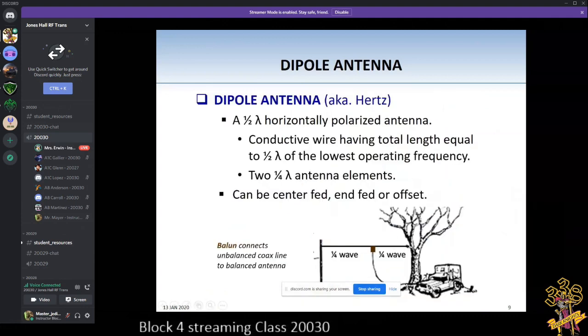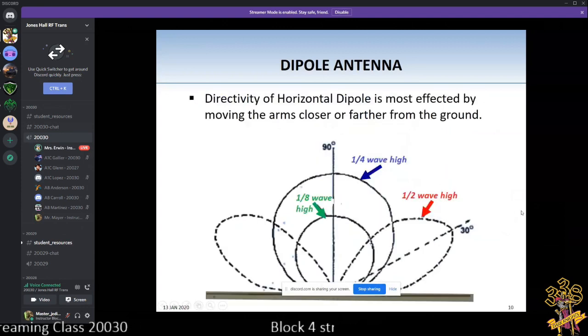So if this was 50 meters, the ground up to here, then that would be a half a wavelength. If I drop down to 1.6 megahertz, that wouldn't be half a wavelength anymore. So you have to know what frequency you're operating at in order to determine how far from the ground up to the antenna is half a wavelength.